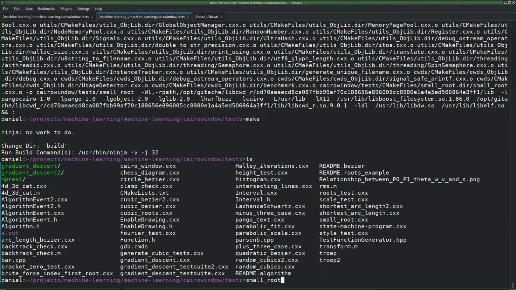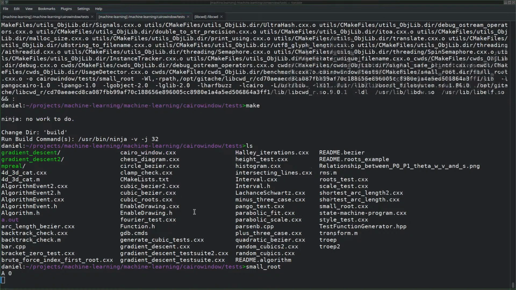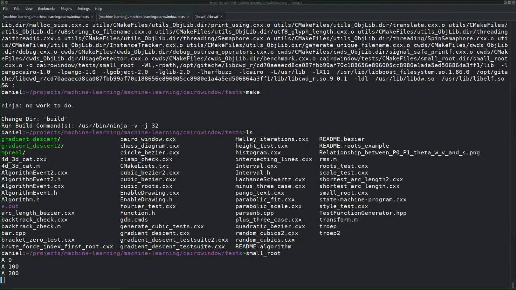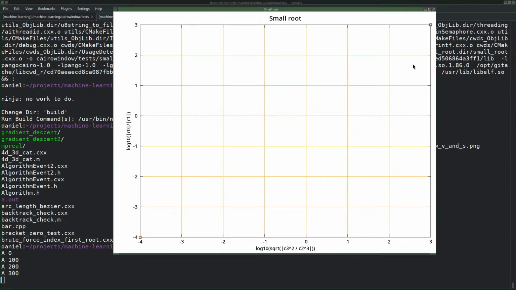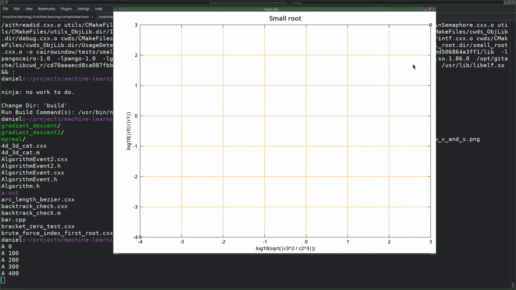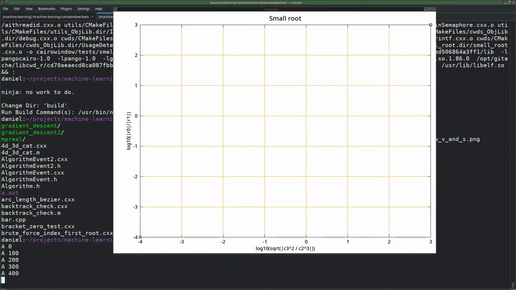Where is my small root? Yeah. Nothing. I'm not seeing any dots being added. No. Nobody knows what's wrong.